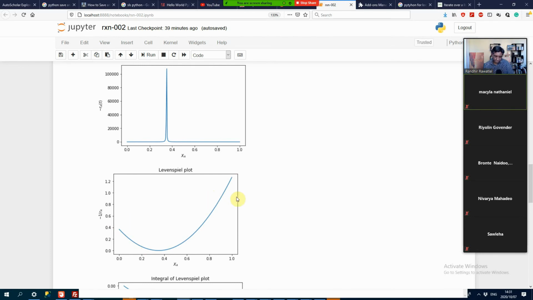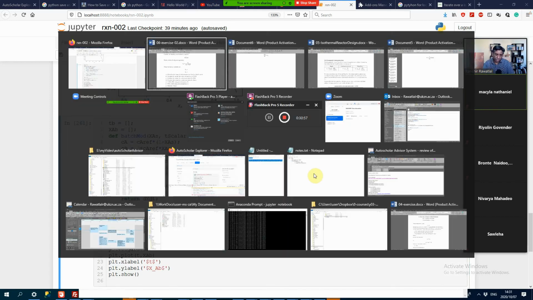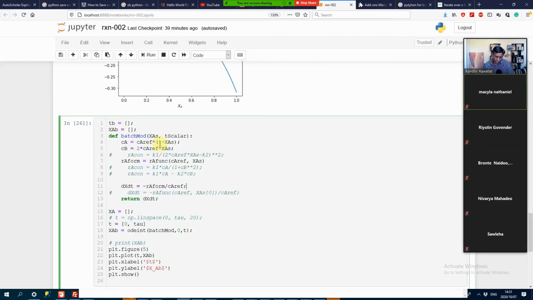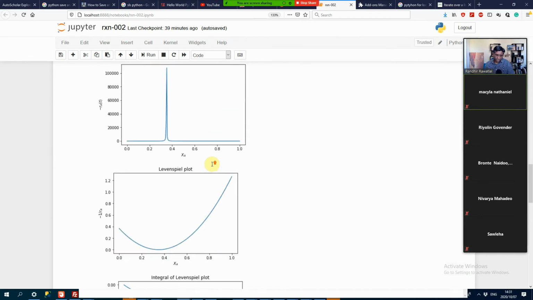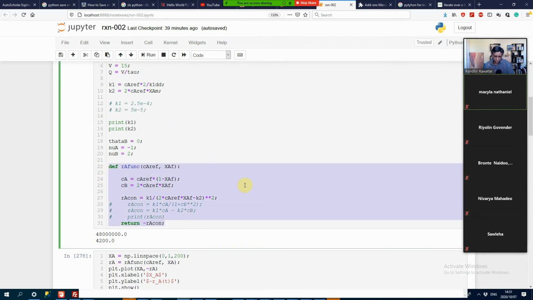Okay, now we wanted to look at the batch response. For the batch case, dC/dt is RA. We can first estimate the reaction rate, and here I've defined a little function that gives us the reaction rate if we supply the reference concentration and the conversion.